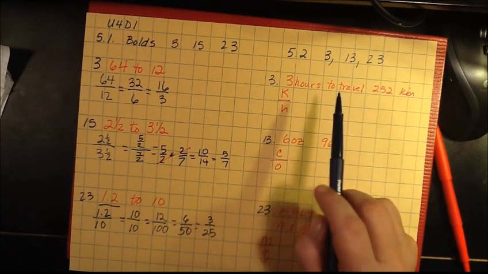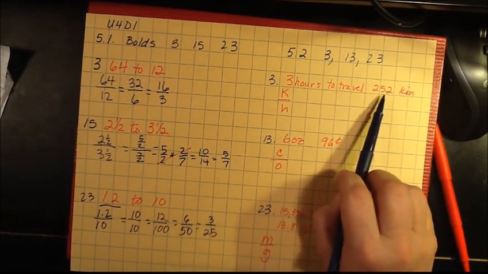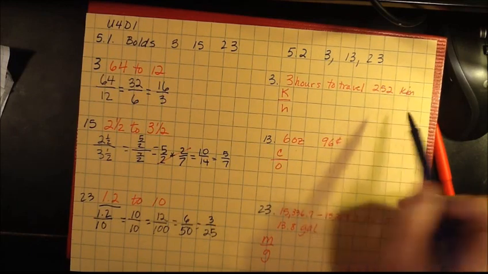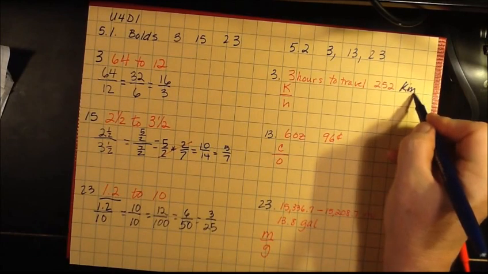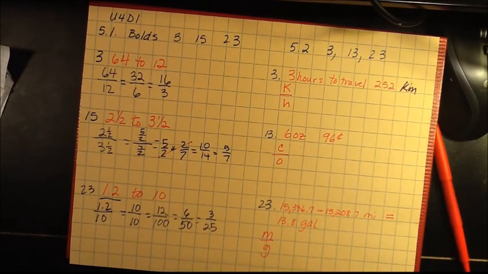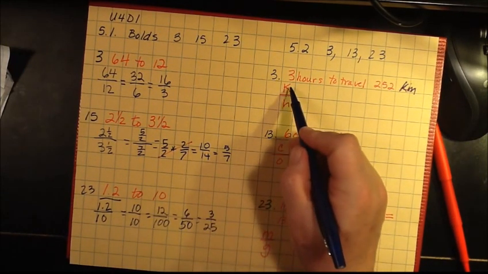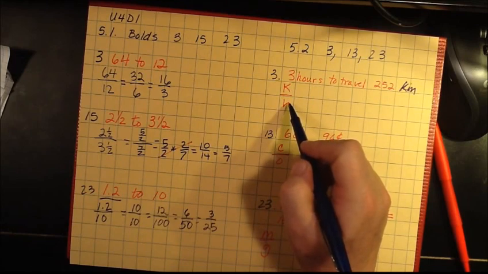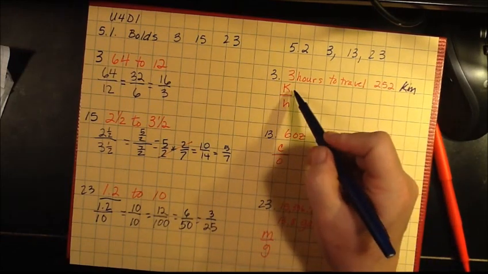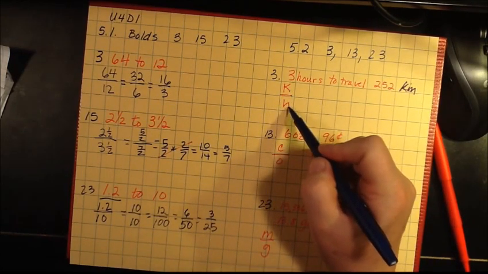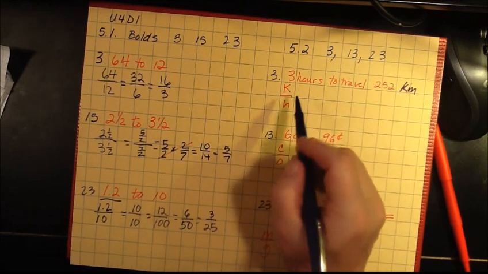A car takes 3 hours to travel 252 km. And they're asking you to look at the relationship of the rate of kilometers per hour. What I like to do with these is figure out what they want, what am I looking for, and set it up that way. So I'm looking for kilometers to hours, kilometers per hour.